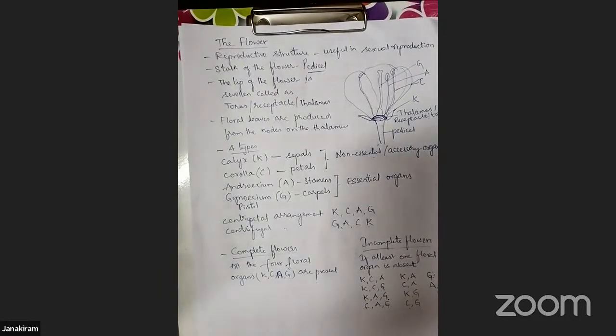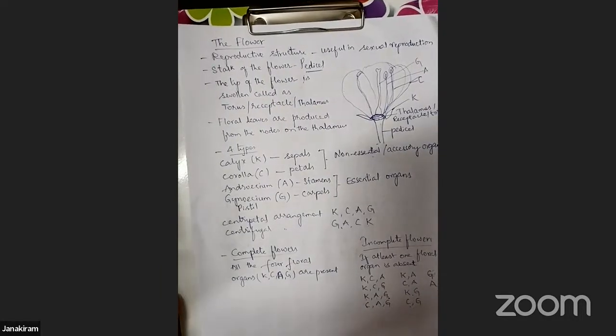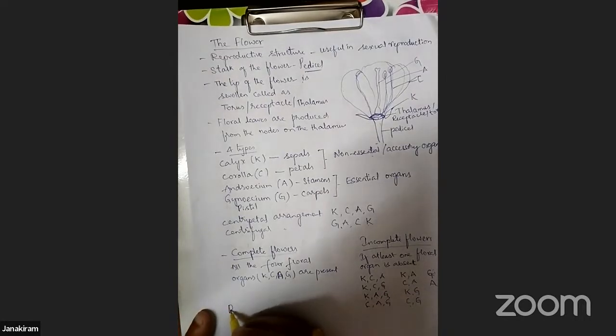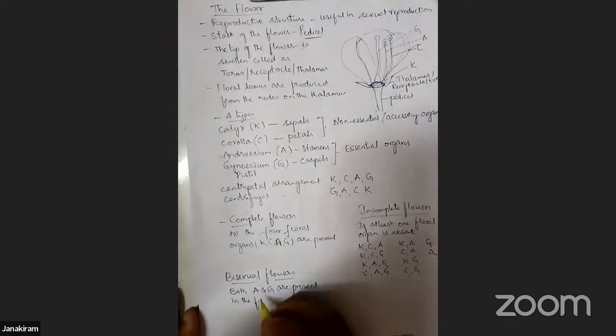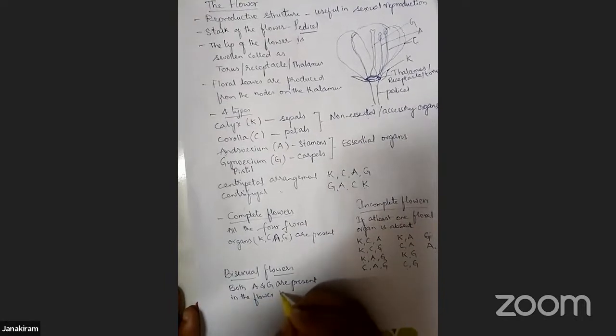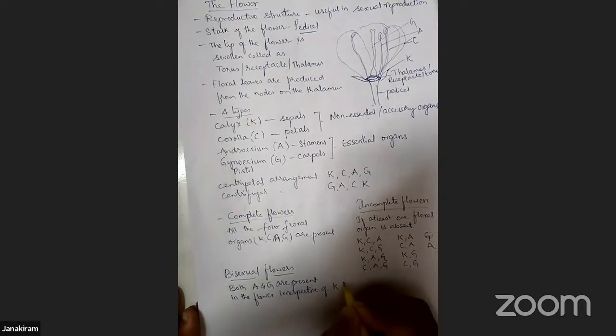Okay, then depending upon the presence and absence of reproductive structures, flowers are categorized into bisexual flowers and unisexual flowers. Bisexual flowers means the flowers in which both androecium and gynoecium are present, irrespective of calyx and corolla.